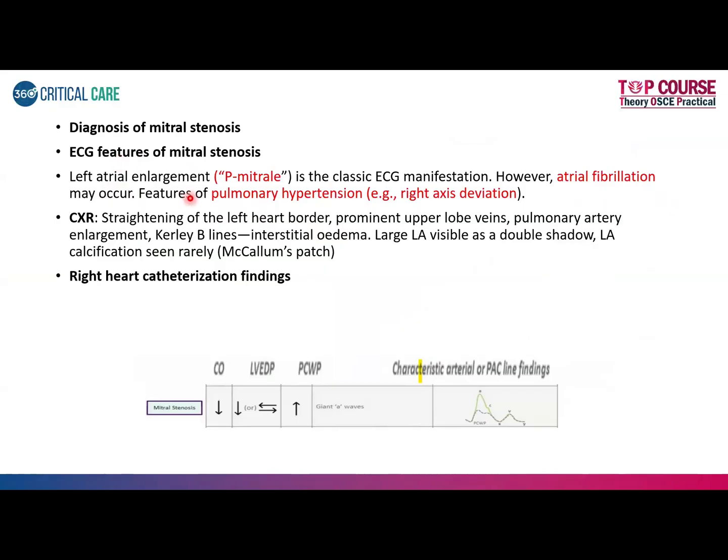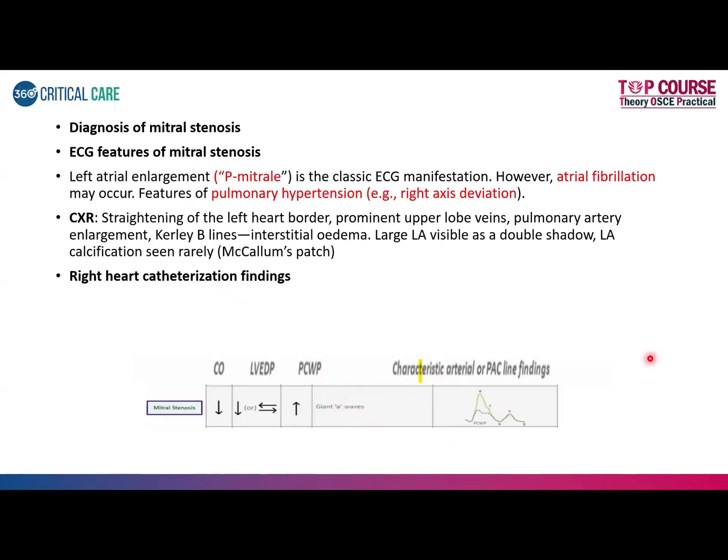Chest X-ray shows straightening of the left heart border, prominence of the upper lobe veins, pulmonary artery enlargement, Kerley B lines, which are relevant of interstitial edema, presence of McCullum's patch, which is the large LA visible as a double shadow, and LA calcification. On right heart catheterization, there will be giant A waves, and the PA tracings will be like this.